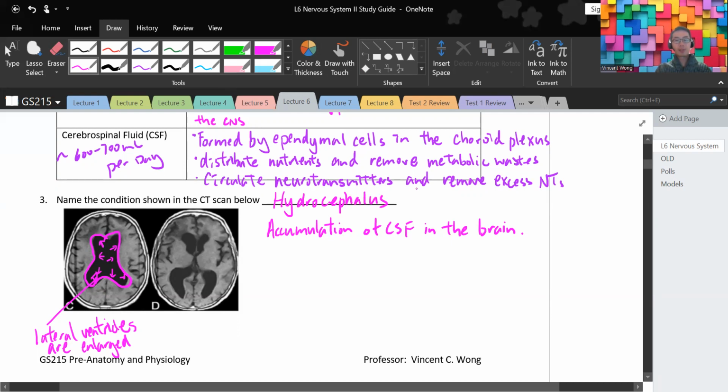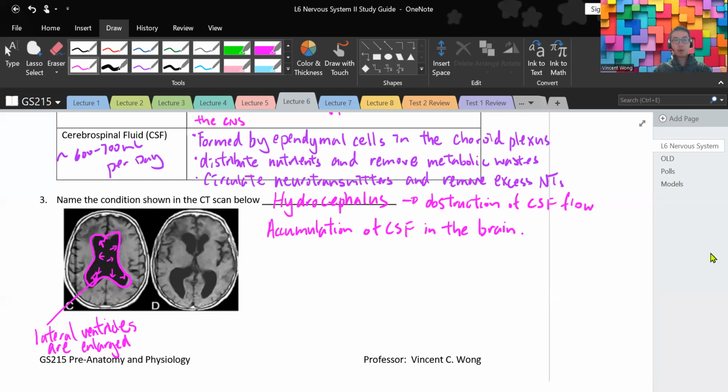Okay, hydrocephalus. There is an obstruction of CSF flow. You ever heard of babies who are born with a bigger than normal head? Anybody heard of that before?